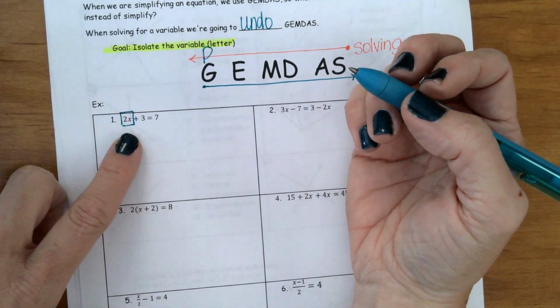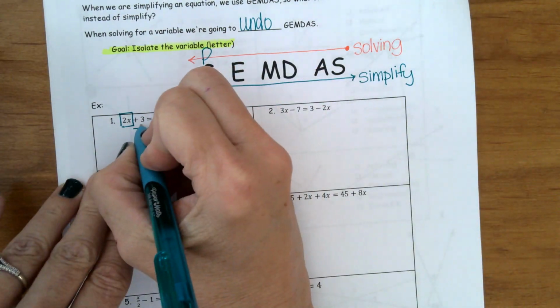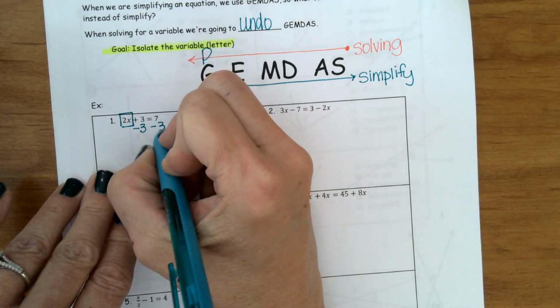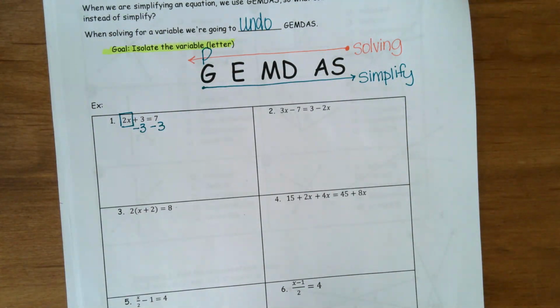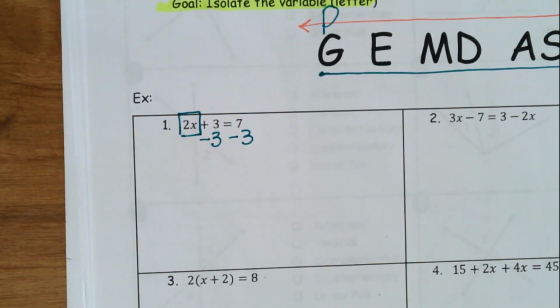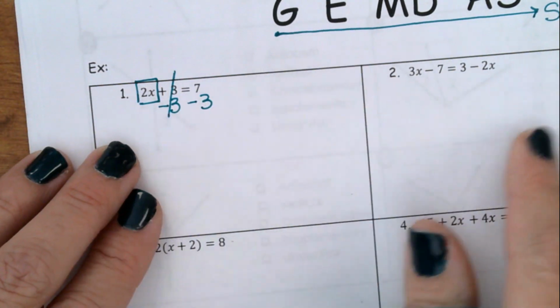What is the opposite of 3? Fantastic. -3. I'm going to put a -3 under there and a -3 under here. Let me blow this up a little bit more because I can move my paper around. Is that a little better? Okay. These 2 3's right here, they make 0.